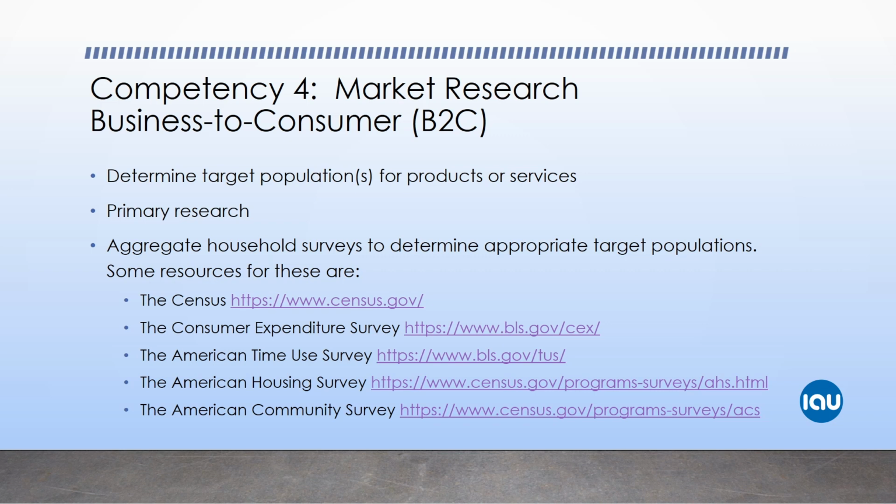Remember, third party is different. Primary is the best research to get. Third party is from a magazine or an analyst. Aggregate household surveys to determine appropriate target populations. And some resources for these are, again, from the government. The Census, the Consumer Expenditure Survey, the American Time Use Survey, the American Housing Survey, and the American Community Survey.